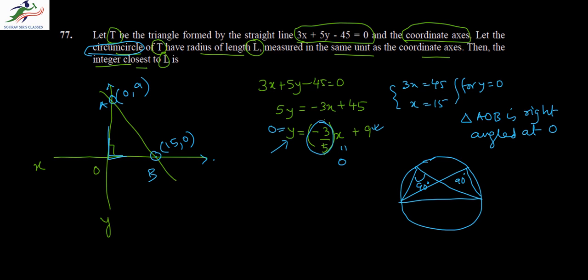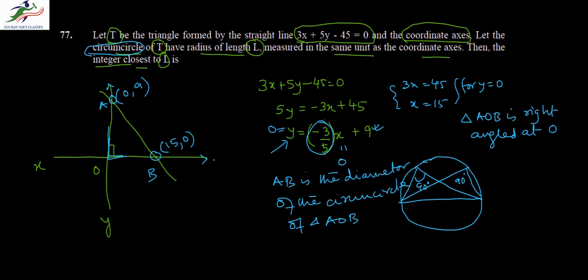Any triangle out there will be right angled. So therefore this means that AB is the diameter of the circumcircle of triangle AOB. So in order to find the value of the circumradius which is being asked, we have to find the value of AB.